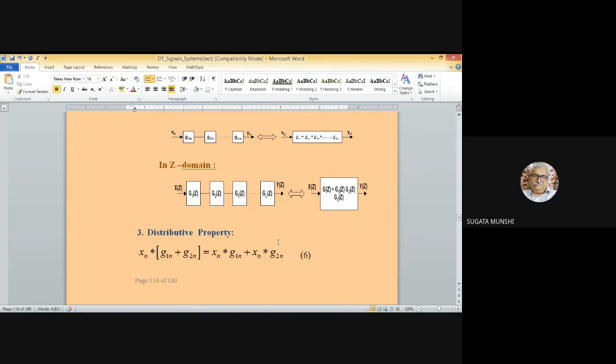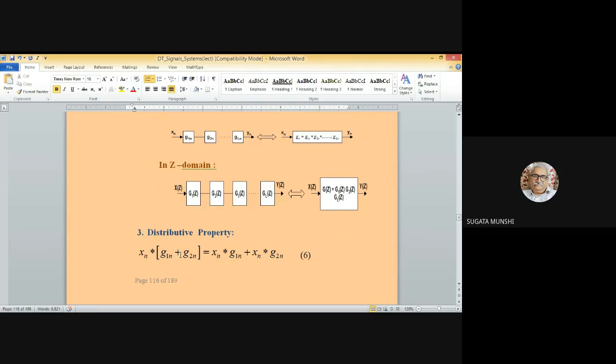If such is the case, then if you represent the right hand side by yn, it should be equal to the left hand side. What do you have in the left hand side? You have a certain sequence gn, which is the sum of g1n with g2n. And the left hand side, which is equal to the right hand side equal to yn, is simply the convolution of xn with gn.